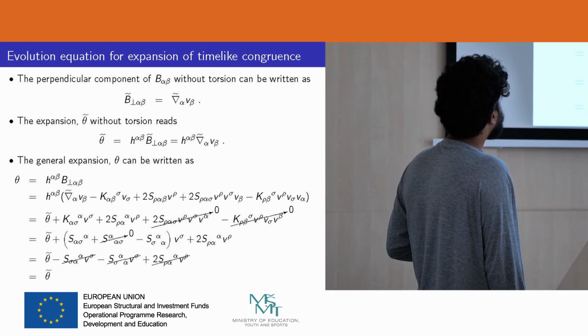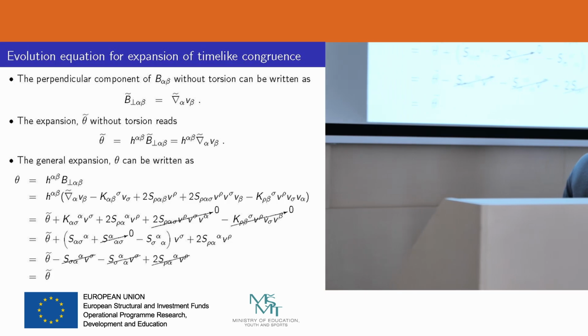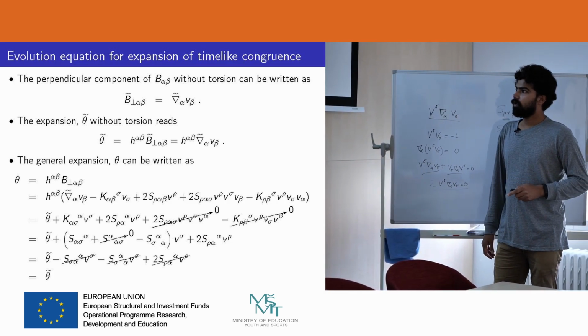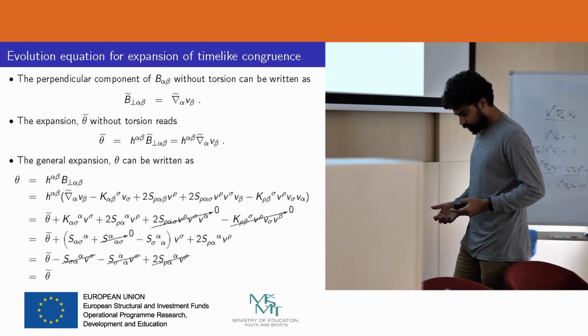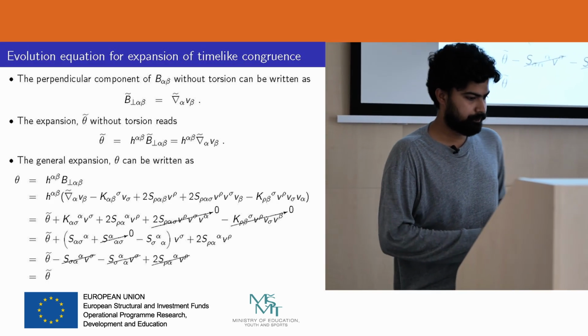Now what do we want to prove? We want to prove that the general expression for theta is the same even if we have torsion. That means theta is a scalar.